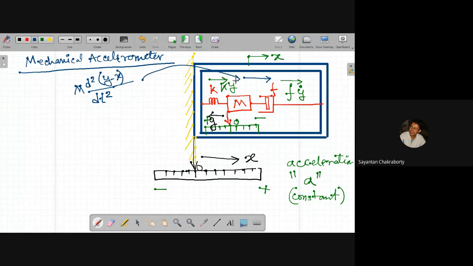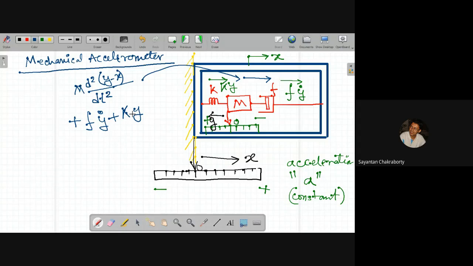So at equilibrium, what will happen if the forces counteract the force experienced by the mass? They will exactly reach an equilibrium position. So the force equation, from the free body diagram, will be m d squared y by dt squared plus f y dot plus k y.